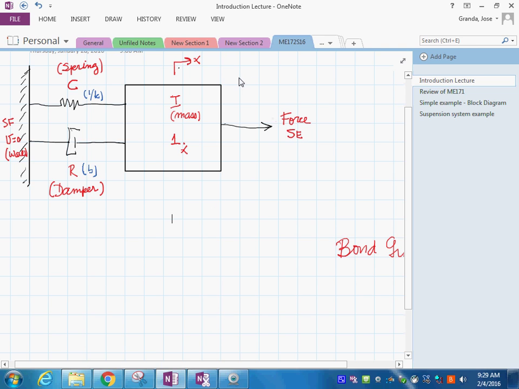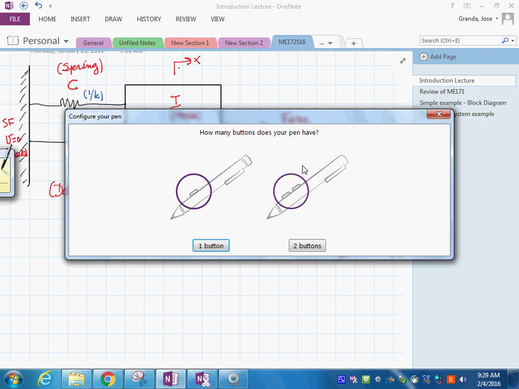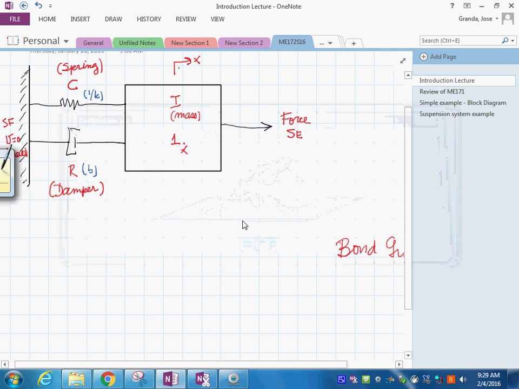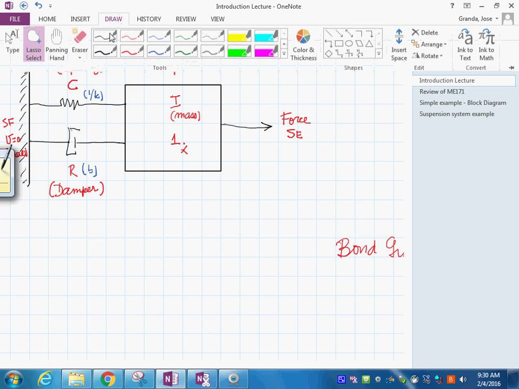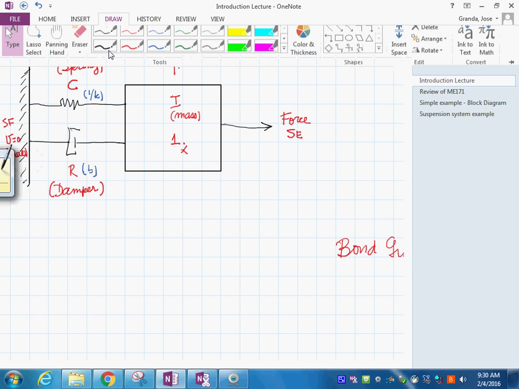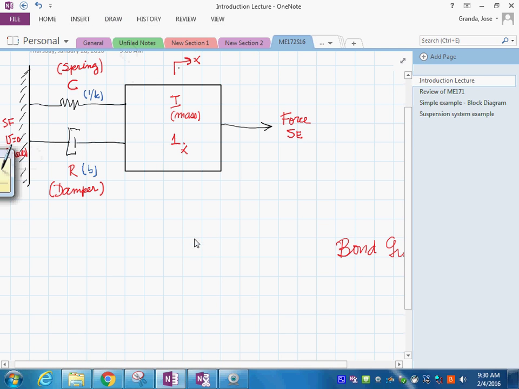Very good. So let's start now. Here I am going to take some steps that would allow me to do this model. First of all, I need to be able to write on this, so I'll use this pen.